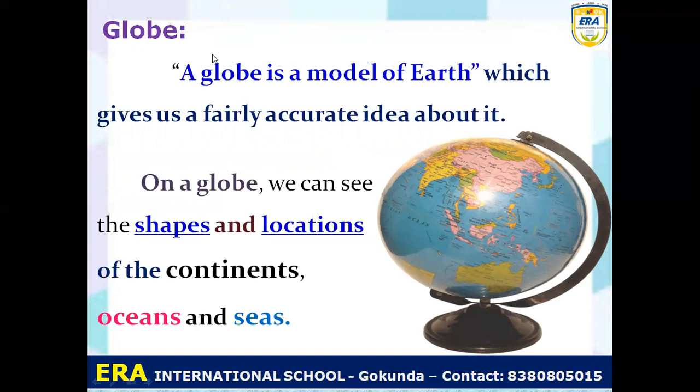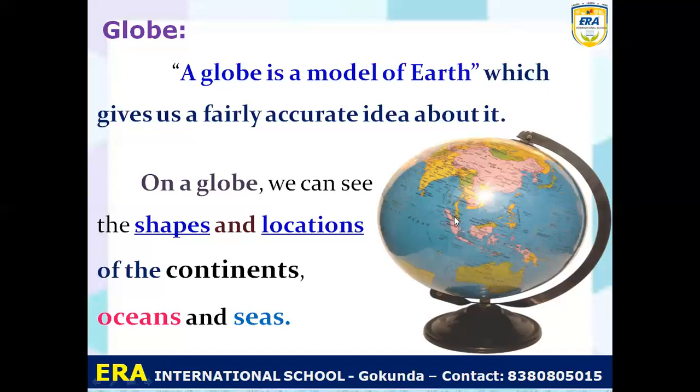Globe. What is a globe? A globe is a model of Earth. You can see that this is the globe, so it is called a model of the Earth. This globe gives us a fairly accurate idea about it. Means if you want an idea about the Earth, you will get a complete idea from the globe. On a globe we can see the shapes and locations of different countries. Australia, here is India.